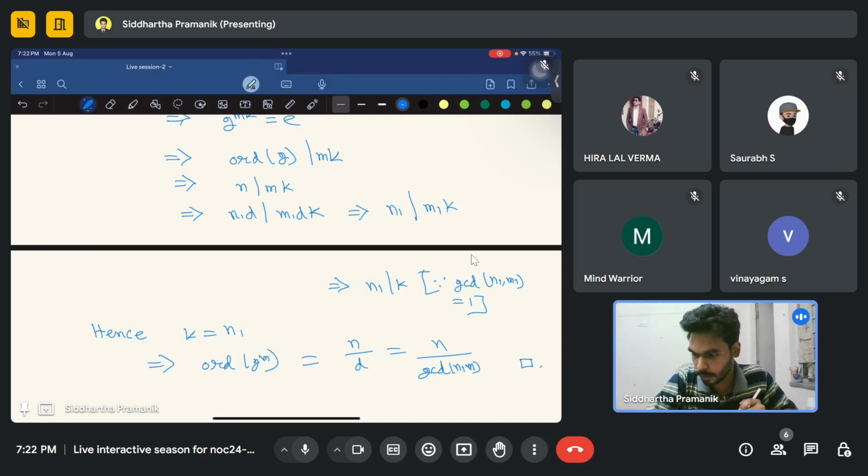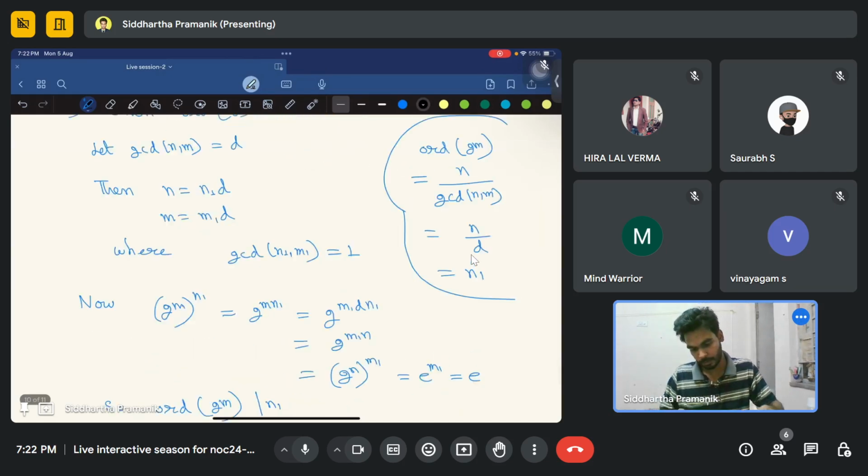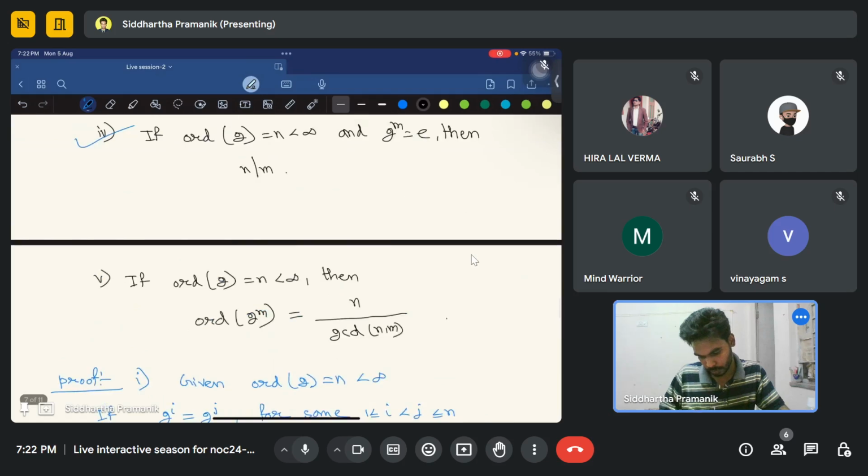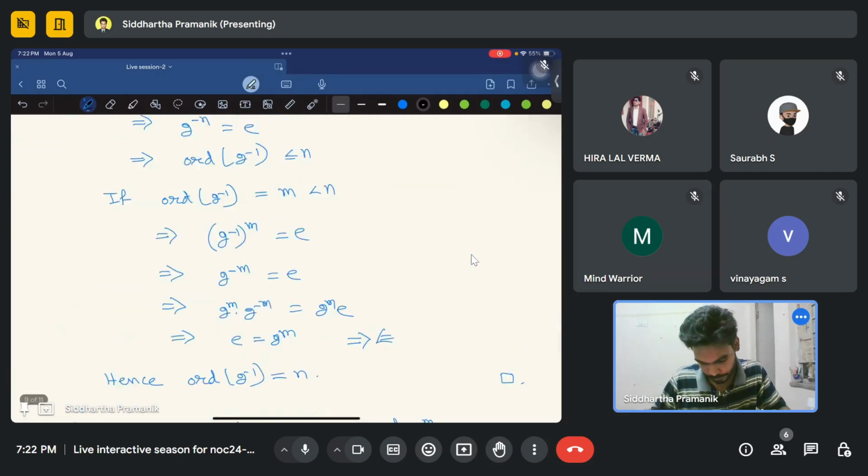Okay, now let's see one interesting problem about order of the element. So this is problem number 7.